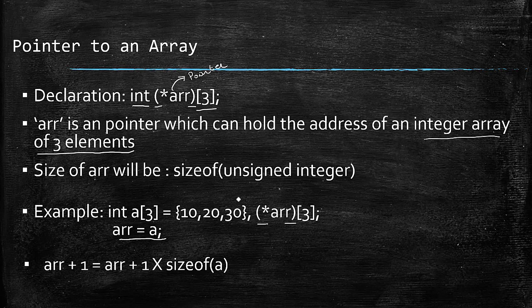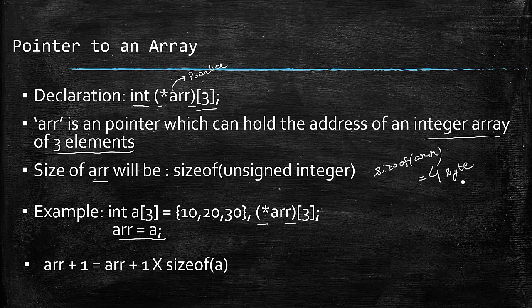Remember, ARR is a pointer. So as it is a pointer, its size will be the size of an unsigned integer. So what will be the size of ARR? Here the size of ARR will be 4 byte, because in the compiler we are using, an unsigned integer has 4 byte of space.